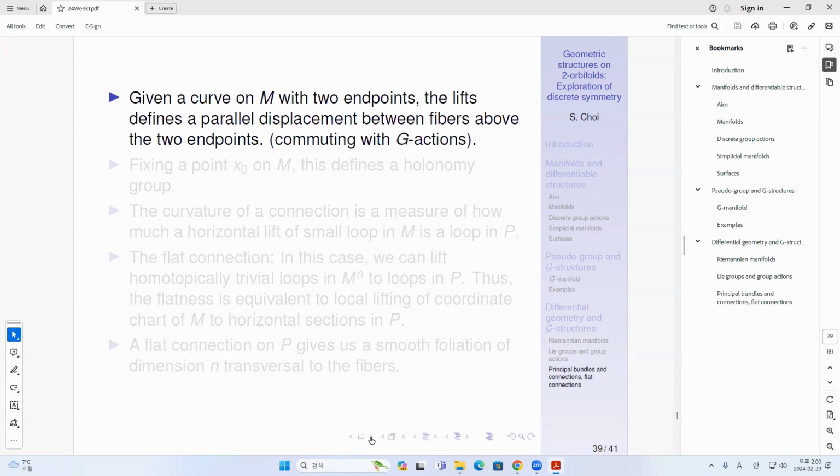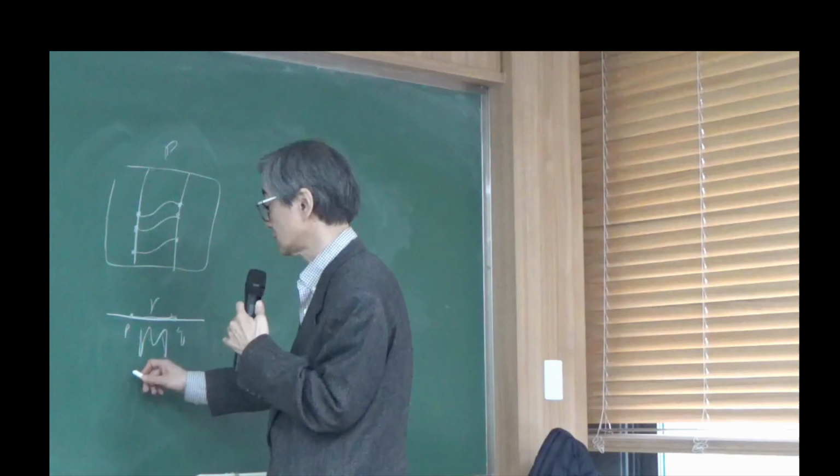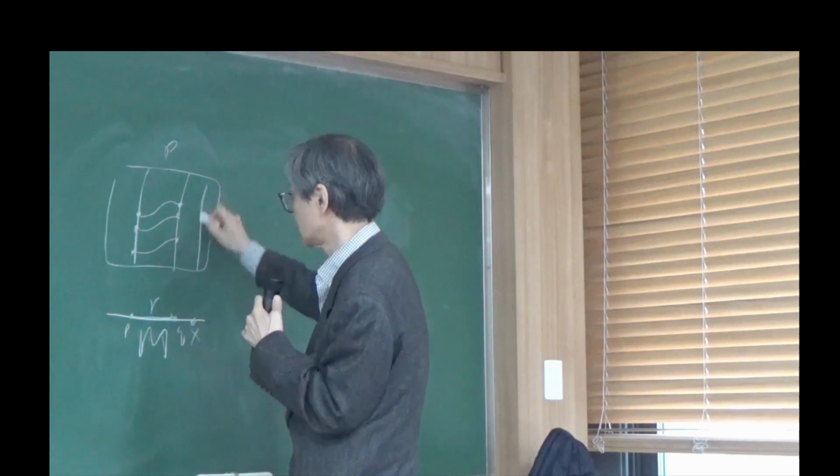Of course, details are in the book, but that's the idea. If you fix a point, then this defines a holonomy group. What is a holonomy group in the classical sense? You take some point and look at all the paths coming and ending here.